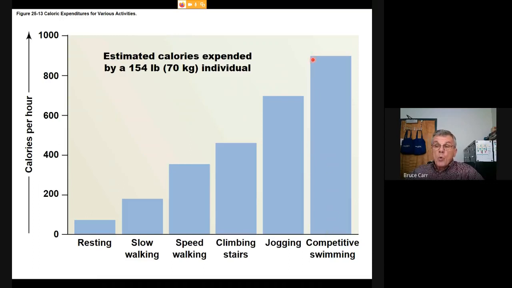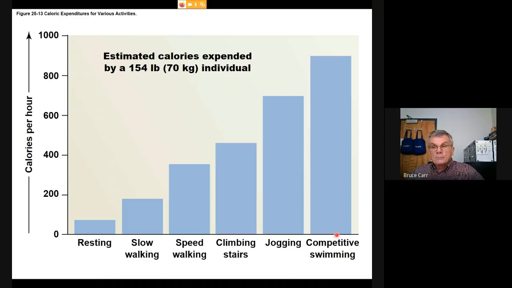Competitive swimming is more energy expensive because in jogging, you're basically using your legs, your trunk, buttocks and back are involved, but the upper body is pretty much balancing and being carried along, whereas competitive swimming, you have the ability to use both sets of appendages and still the requirement to posture your body into what we call good form.